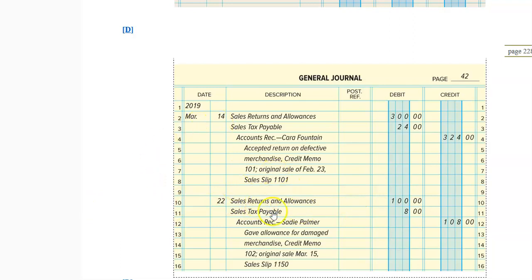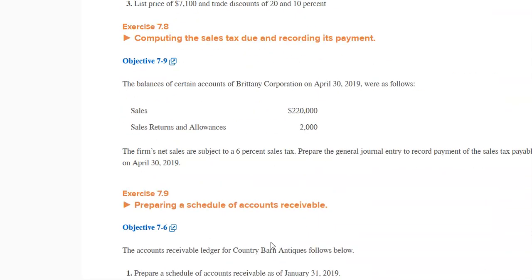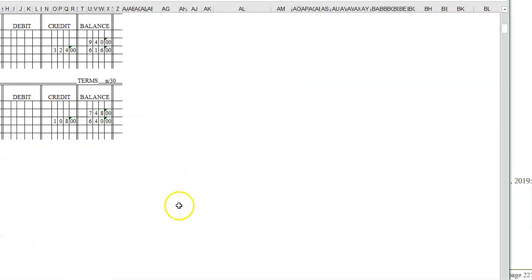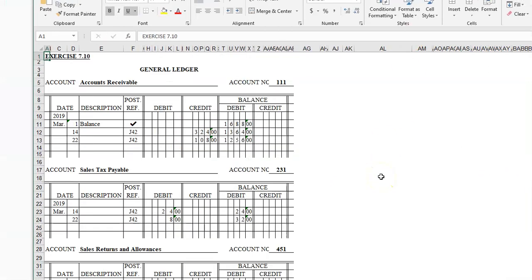We have a return on March 14th and a return on March 22nd. So let's see exactly what they want us to do. I'm not sure. Let's take a look. Okay, 7.10. This is the actual solution.